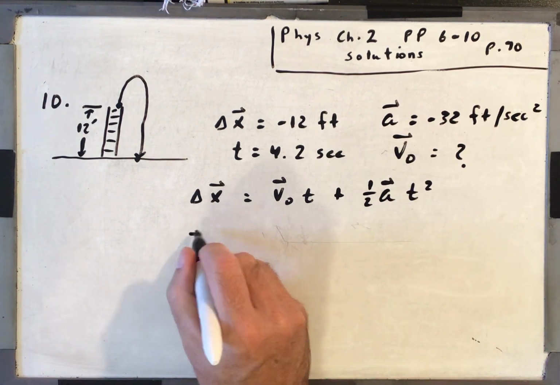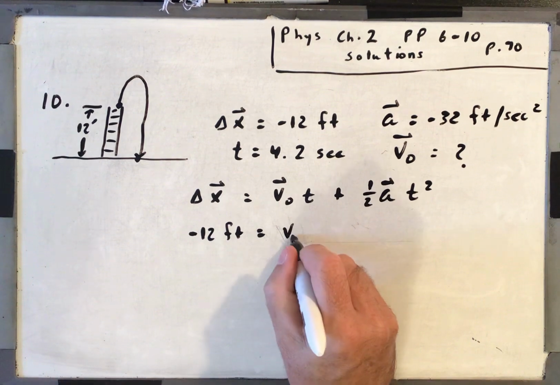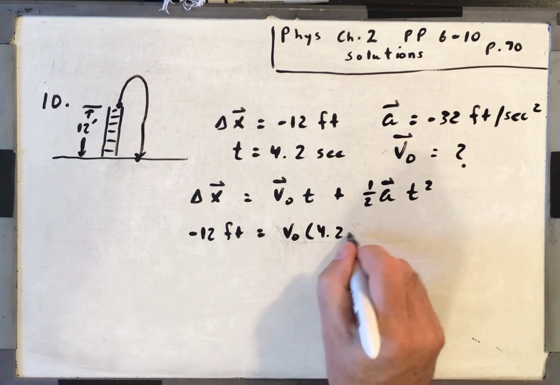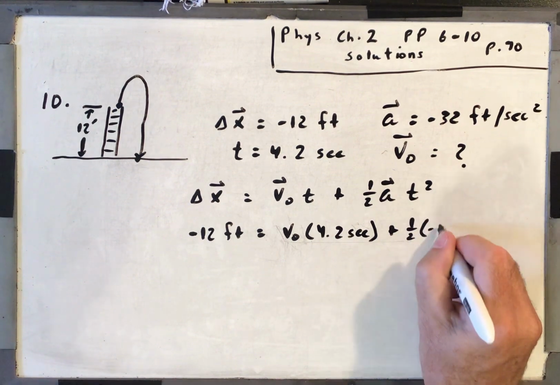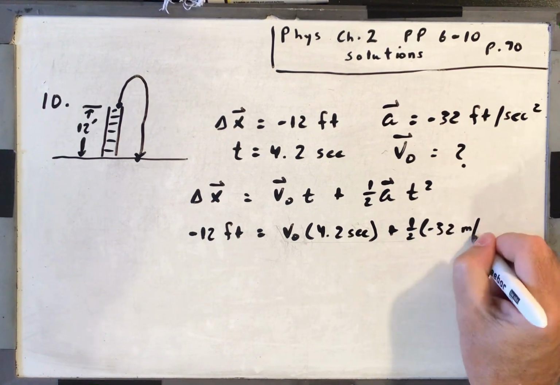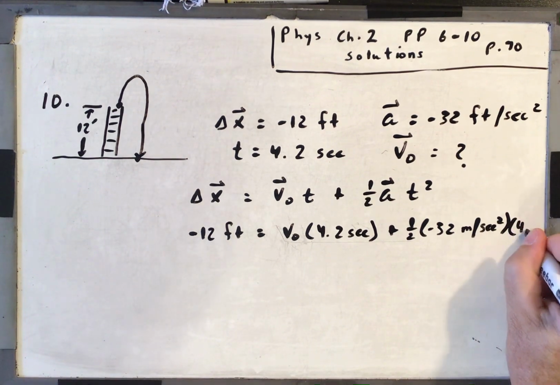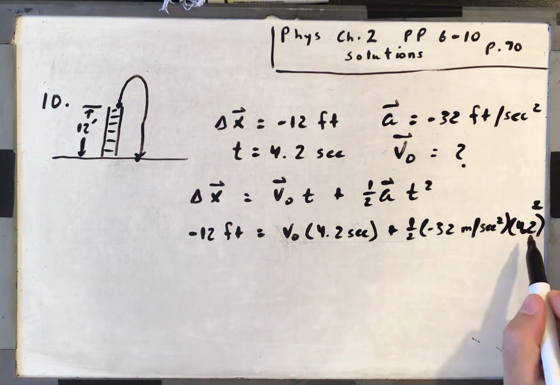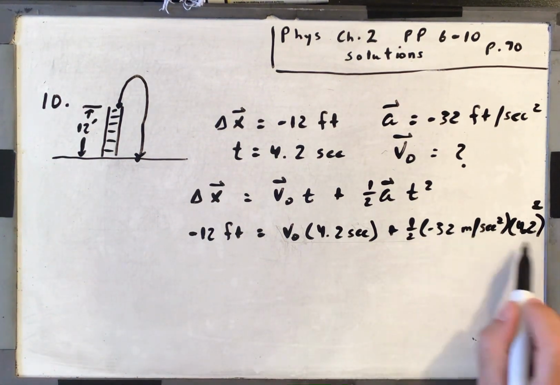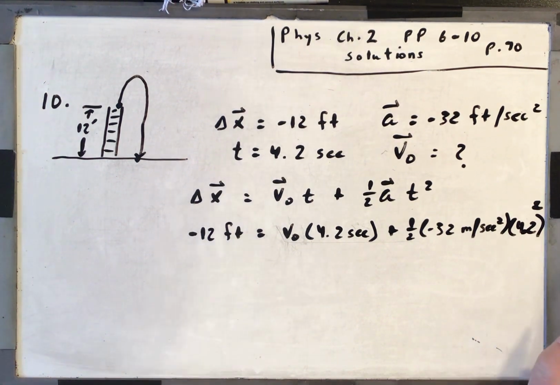Okay, so we're going to have negative 12 is equal to v naught times 4.2 seconds plus 1/2 times negative 32 times 4.2 seconds squared. Sorry about all that smushing.